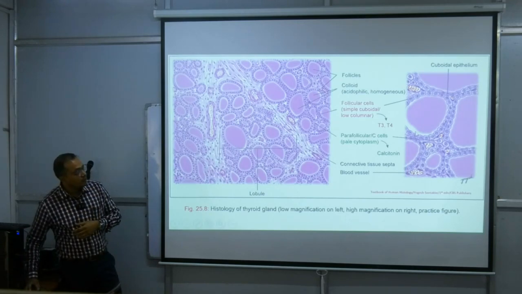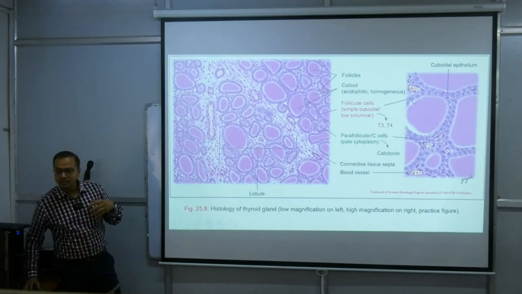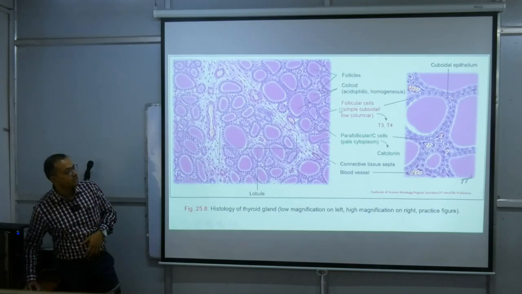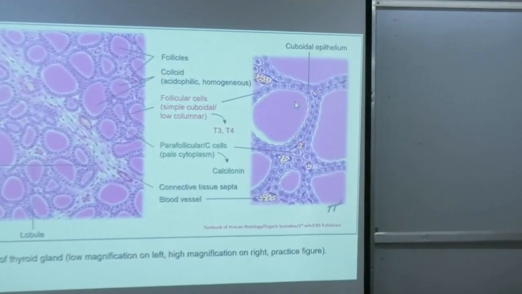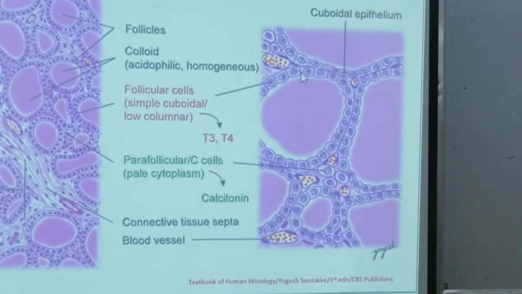These follicular cells synthesize the hormones T3 and T4. For making T3 and T4 they need iodine. Where do they get this iodine from? They get it from the follicular fluid. They take the follicular fluid as an iodine source and synthesize T3 and T4 within their cell bodies.